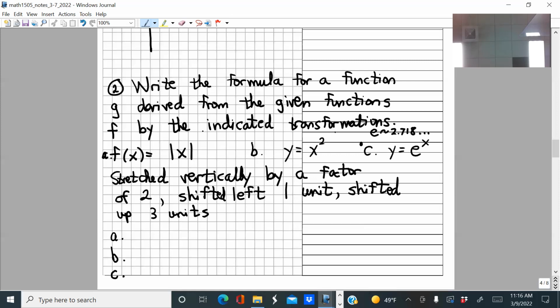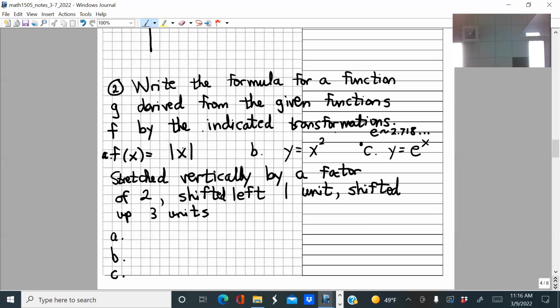Stretch it by a factor of 2, shift it left 1 unit, and shift it up 3 units. So whatever graph I get for absolute value of x, these are the transformations I want to apply.